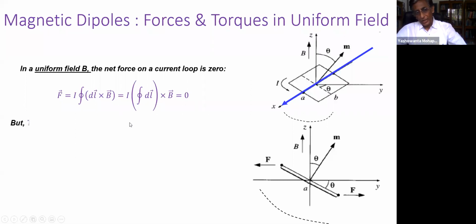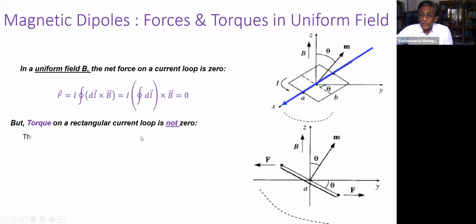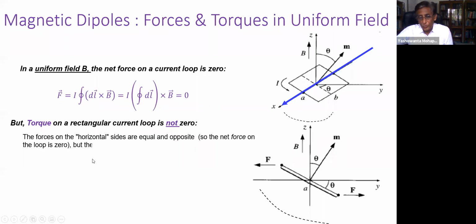So we can say that even in a uniform field, the torque is not zero. The net force on the loop is zero, but there is a torque. You can calculate the torque in this case, for example. This is a F sine theta, where this is the distance and this is a.